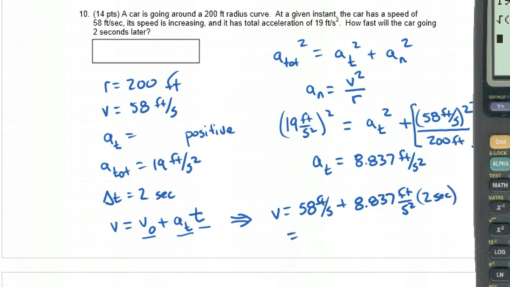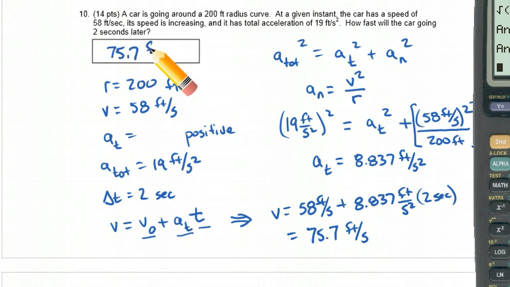In the calculator, multiply that by 2 and add 58 to it. Looks like 75.7. How fast will the car be going? So we've got a speed of 75.7 feet per second.